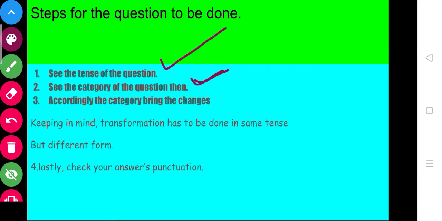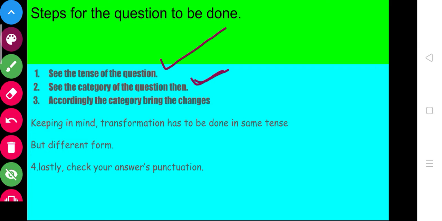Is it the transformation of active to passive, direct to indirect speech, or are the different forms of sentences interconverted? Or some other sorts of conversions are there, like the usage of unless, the usage of no sooner than. Such sorts of combinations usually come in the exam, so that's why I recommend that you prepare those sorts of transformations.